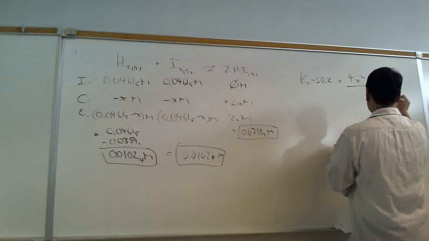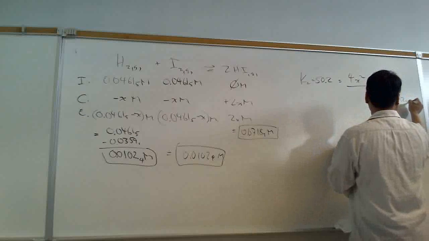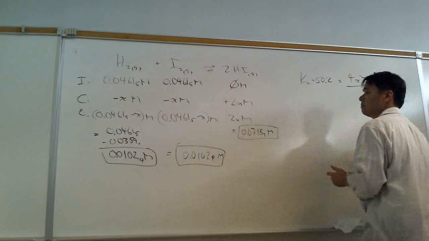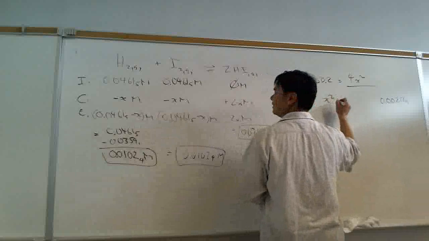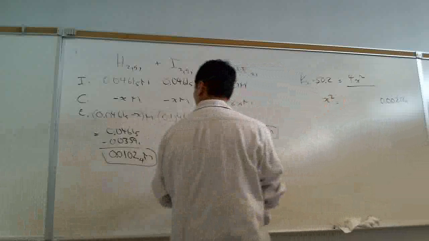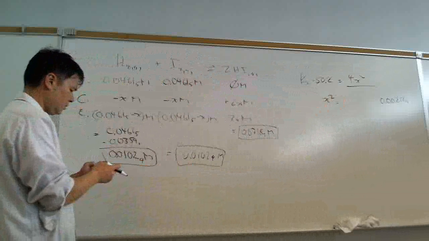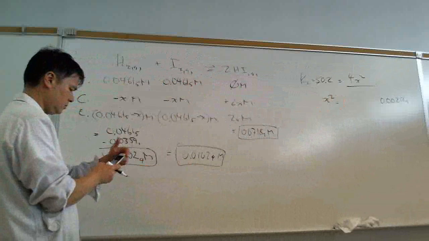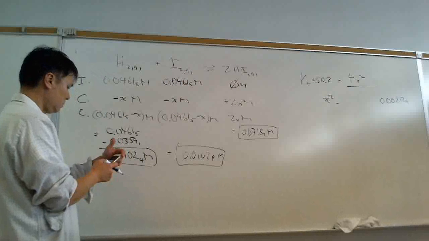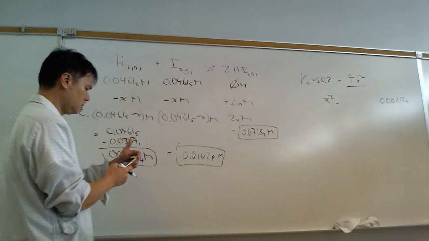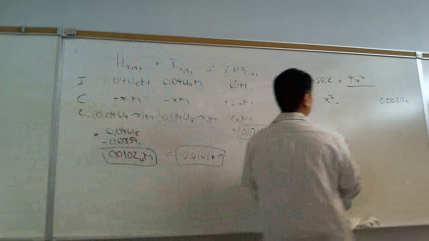Did I write 0.002129? Yes. And then x squared. And then 0.04615 times 2, yeah, that was good also. That's right also, 0.0923. Yeah.